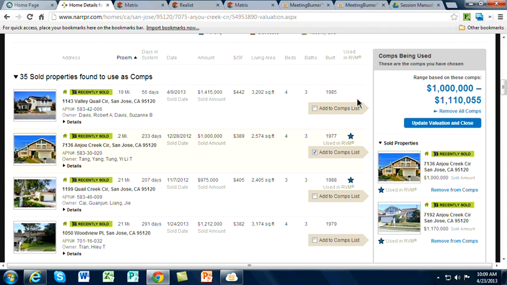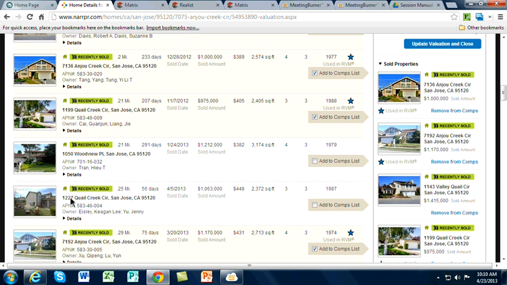So the other thing that I would do, notice what's happening up here, is that it's giving me a range as I add comps. Supposing they told me that they think their house is worth 1.2. Well, what happens if I add this comp? Notice the range just popped up, right? And if I added this comp, didn't change very much.